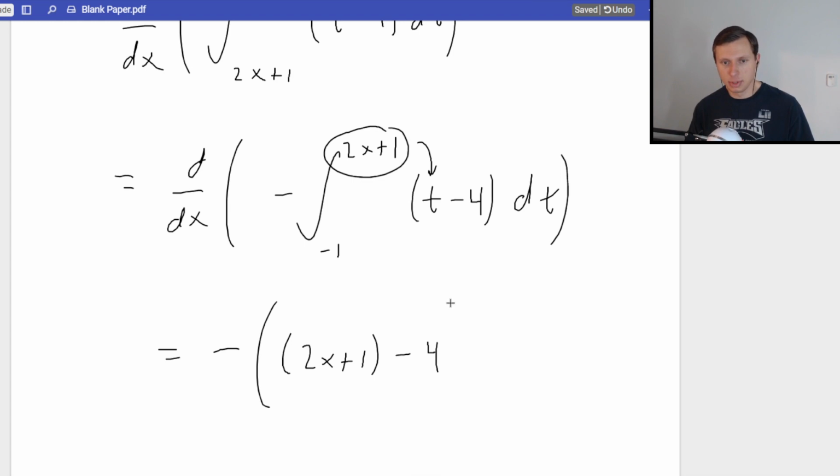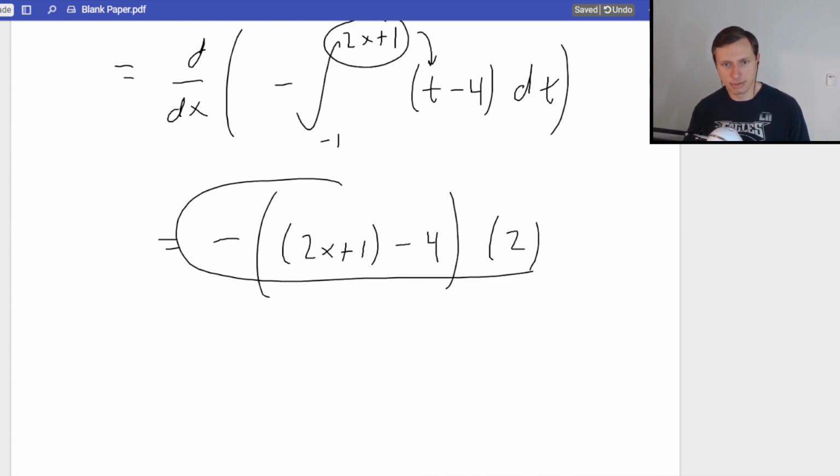I can then put close parenthesis. And then I'm not done yet though, because remember, chain rule. Not the chain rule of 2x plus 1 minus 4, just the chain rule of 2x plus 1. The derivative of 2x plus 1, that is. The derivative of our upper bound. And the derivative of 2x plus 1 is just 2. And, I mean, this is actually not so bad. We can probably simplify it, but I'll just leave it like this.